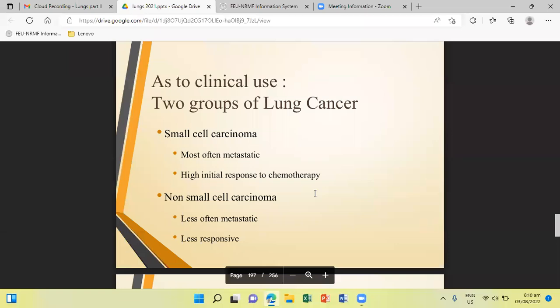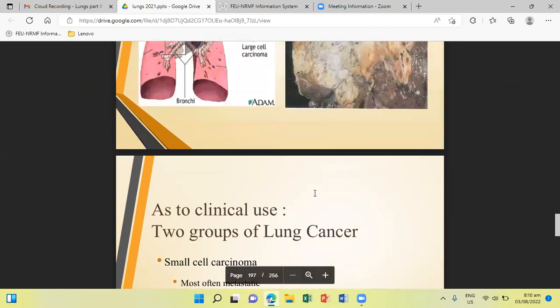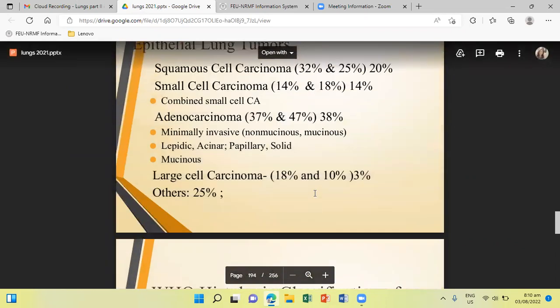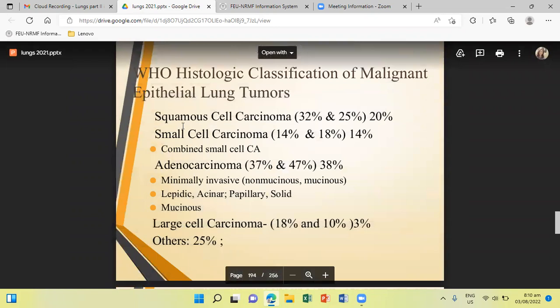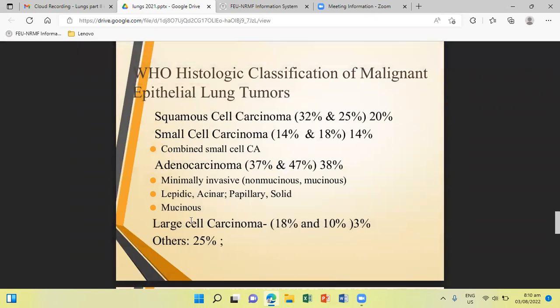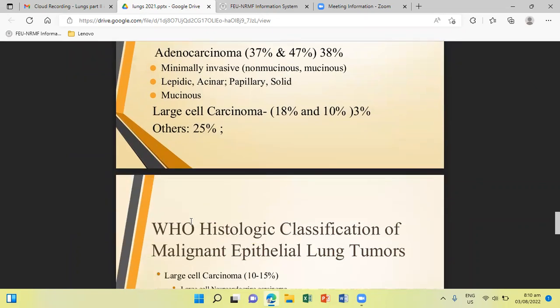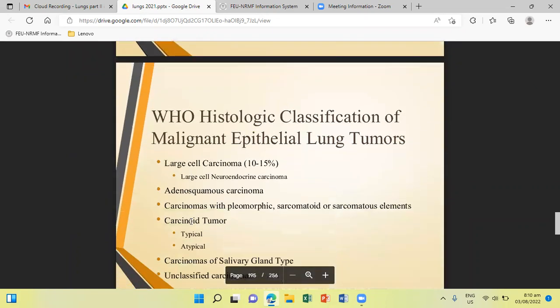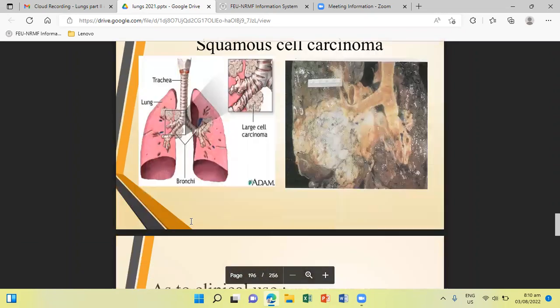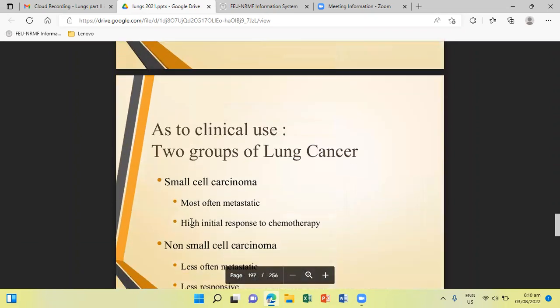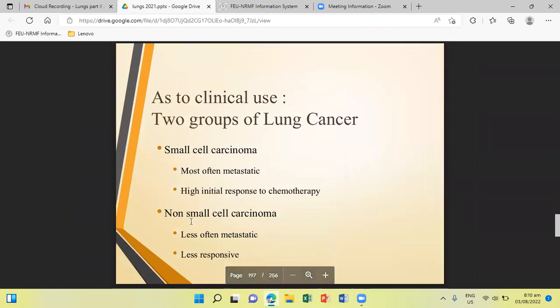So among the pulmonologists, it is important for the pathologist to commit whether they are looking at small cell carcinoma or non-small cell carcinoma. So if you're going to put it up again here, small cell belongs to this category. The rest, like squamous, adeno, large cell, and the others on this slide, all fall into what we call the non-small cell carcinoma group.